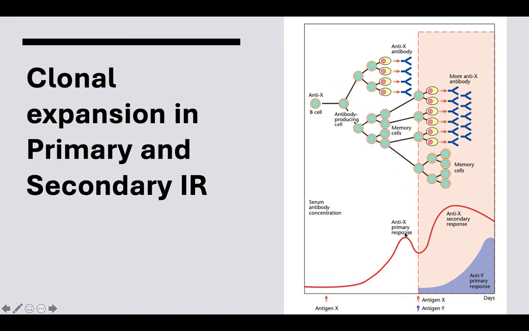Eventually, there will be a downfall in the concentration of anti-X antibody, because during this time there's already an initial clearance of antigen X. The memory cells already have the instructions for developing Igs against antigen X. Therefore, there's no need for priming to happen anymore.